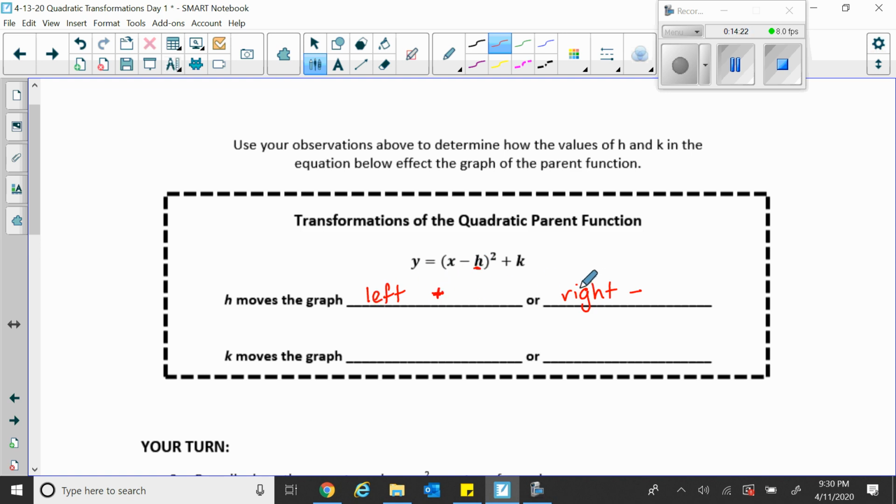And if it said something like -3, that would mean it actually moves it right 3, so that's why I put the minus. Now k moves the graph up or down. And k doesn't trick us. So k is going to be plus for up and minus for down. So on the outside of the parentheses, it moves it up or down. On the inside of the parentheses, it moves it left or right.